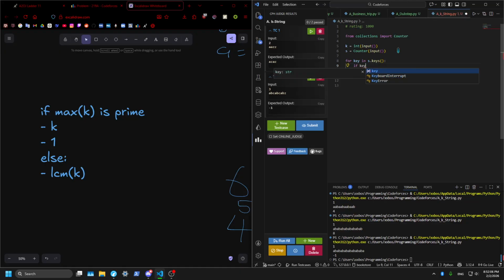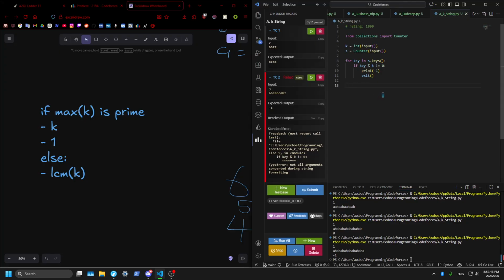For key, if key mod k is not equal to 0, print -1 and exit. Okay, key. Oh, key. If S key. Okay.